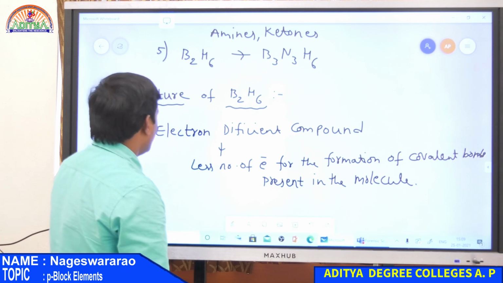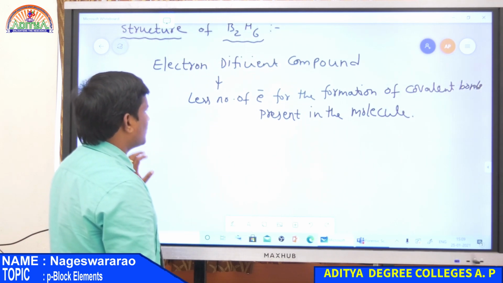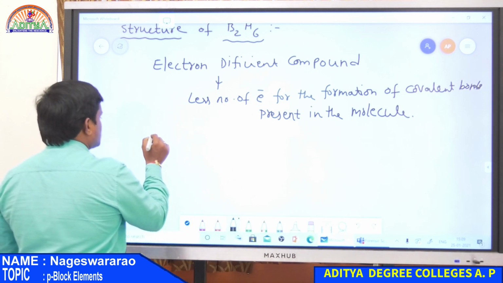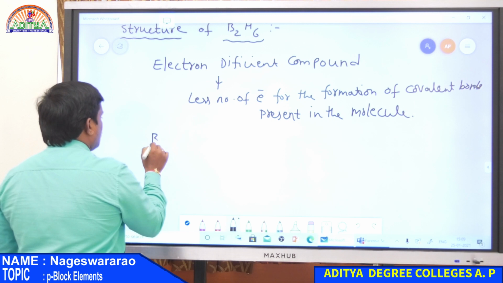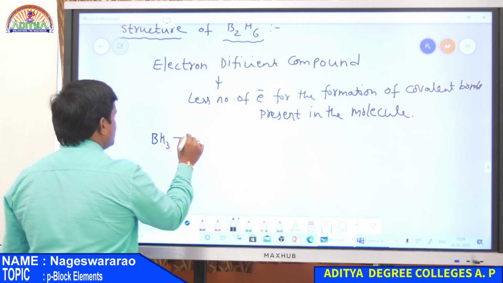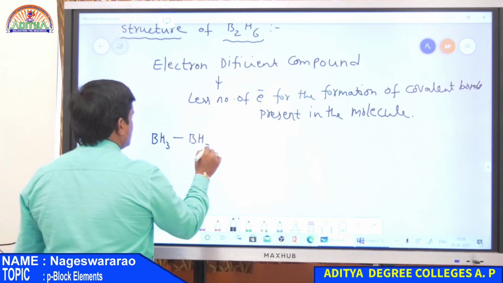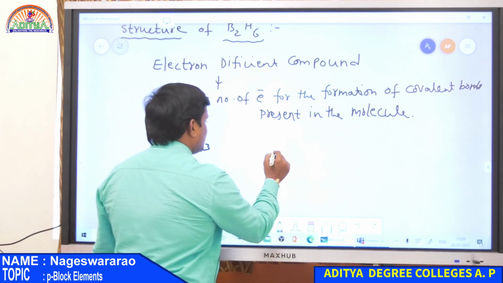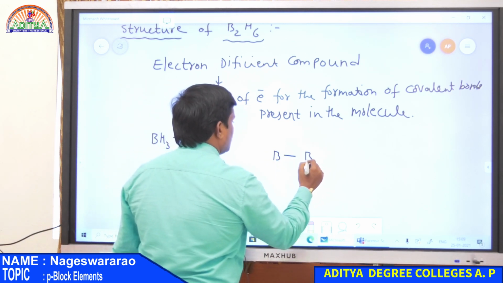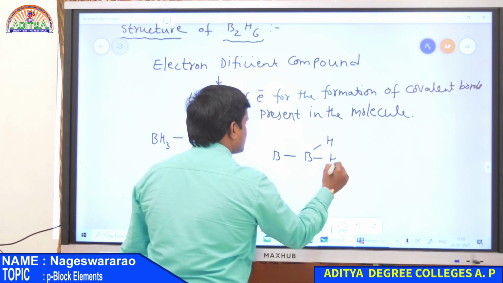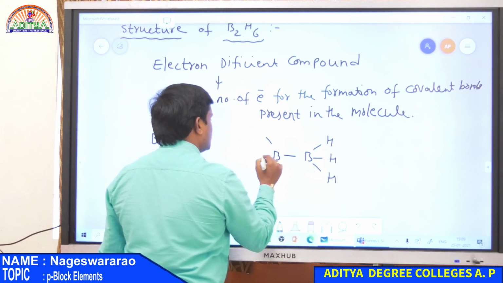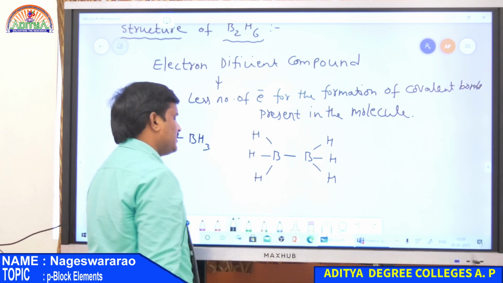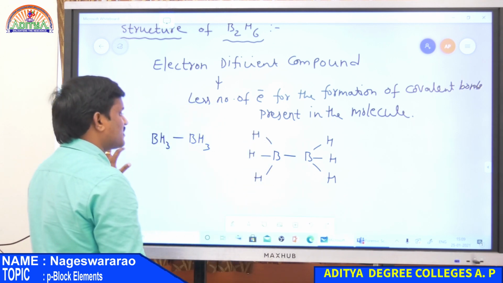Here diborane is an electron deficient compound because, look at the structure of diborane. BH3, this is simply B2H6. In general, its structure is like this: hydrogen, hydrogen, hydrogen. This is B2H6.